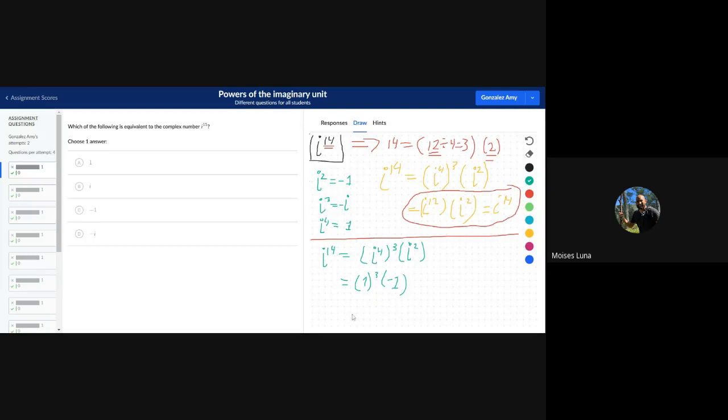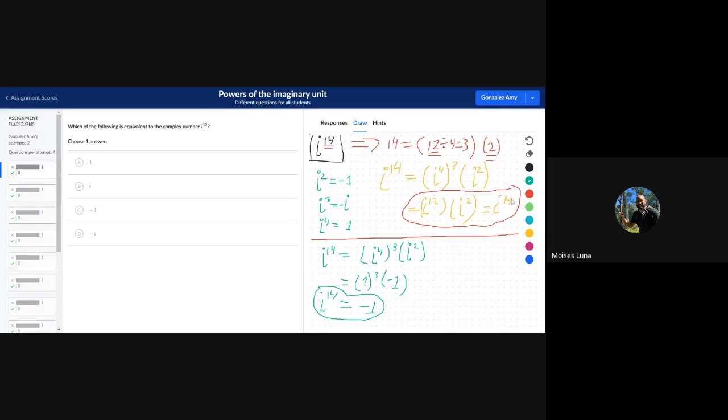It's here, right? And then finally, 1 times 1 times 1 is 1, and 1 positive times 1 negative is 1 negative. And so i to the 14th power equals negative 1. All right.